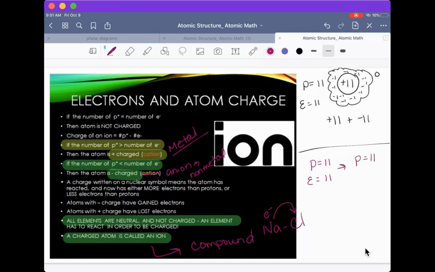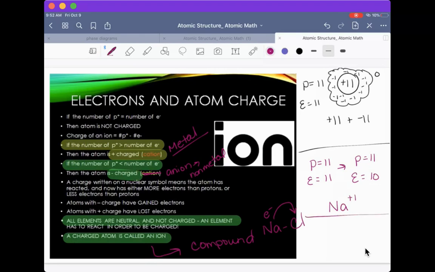So we've got the 11 protons. Our electrons are now 10. So what happened to the overall charge? Well, 11 plus charges and only 10 minus charges gives this sodium now a +1. It has one less electron than protons.